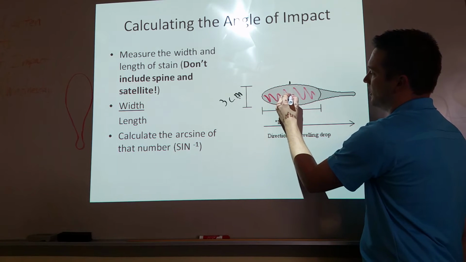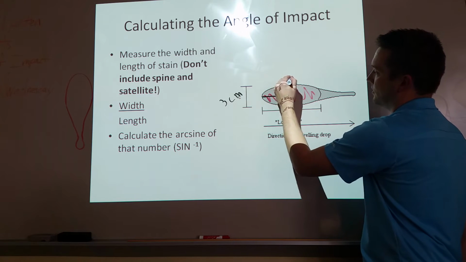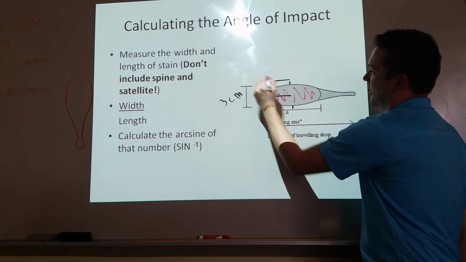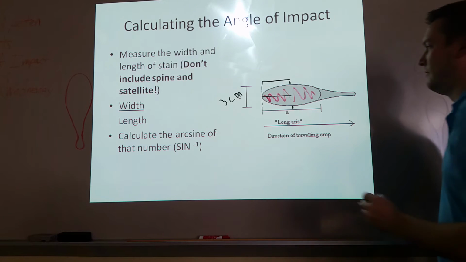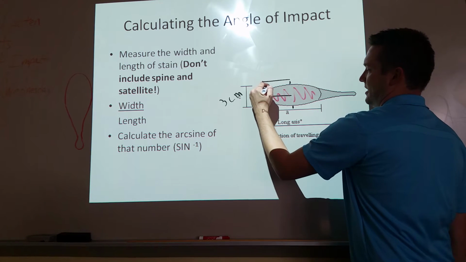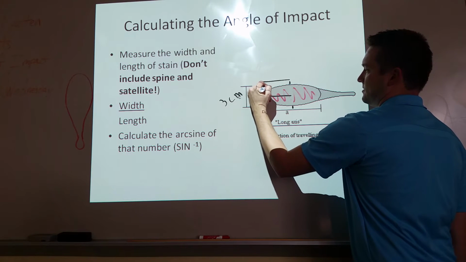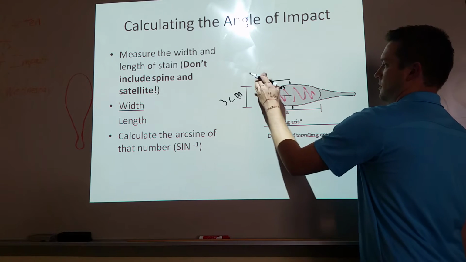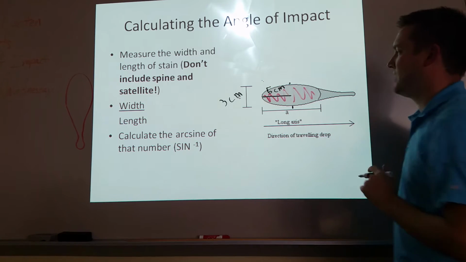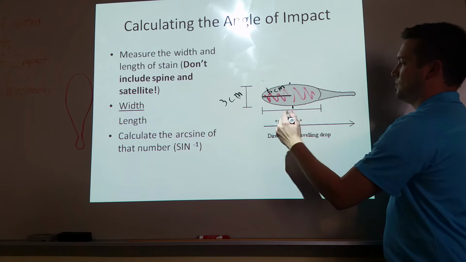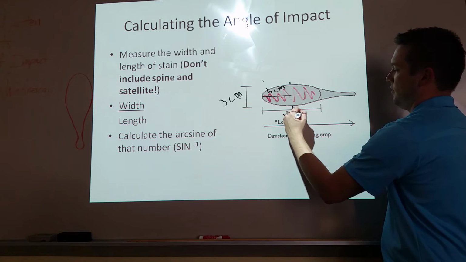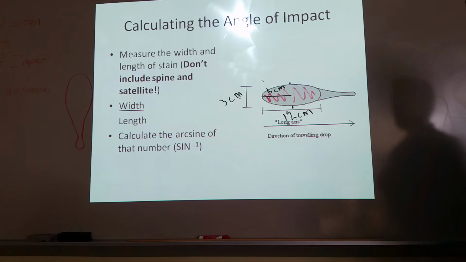Then you draw a line from there to the front. I guess you could do it off here, and then measure that. And we would measure this, and I'll say that's 6 centimeters. Now that's not our length, that's just half of it, so we have to double it. So if that's 6, then this whole length is 12 centimeters.